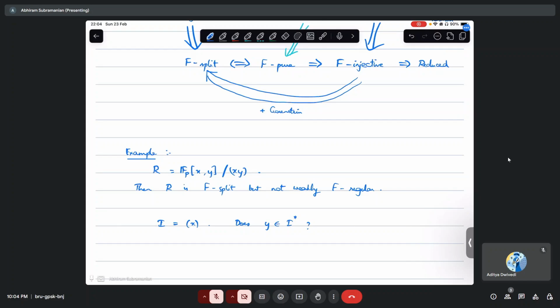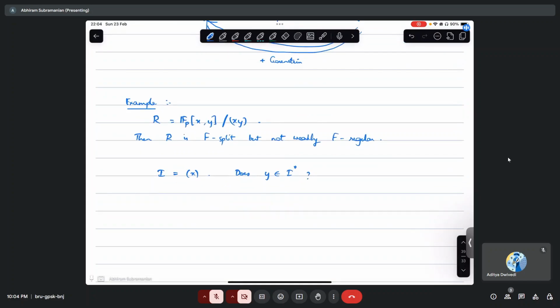So what do you want to show? You want to show that C y to the p to the e belongs to x to the p to the e for all e large enough, that there exists C in R naught.